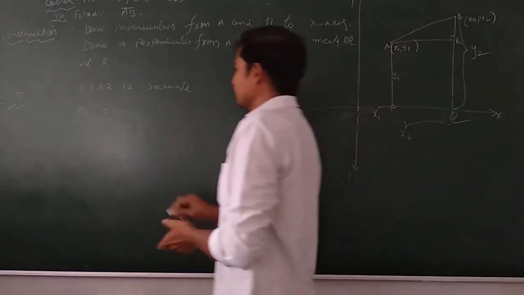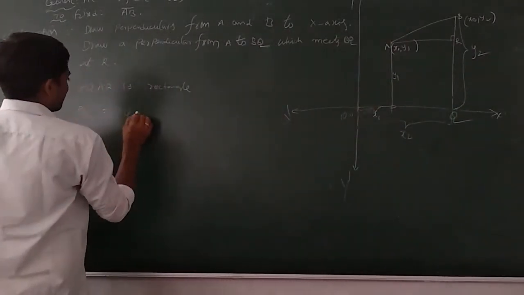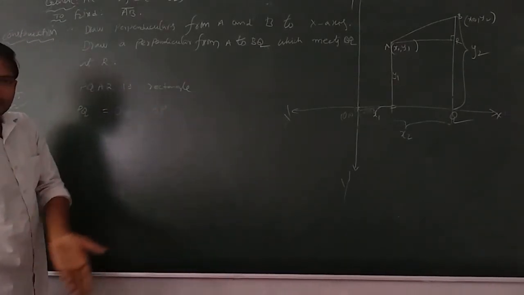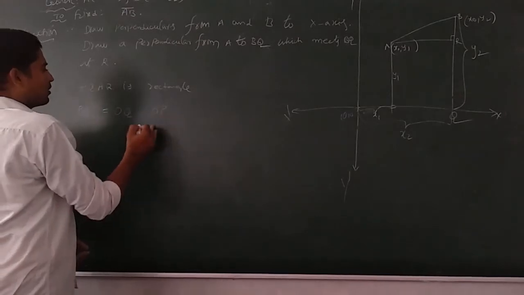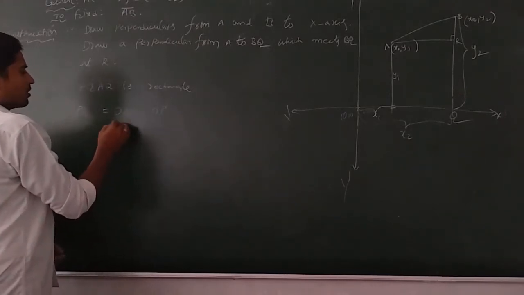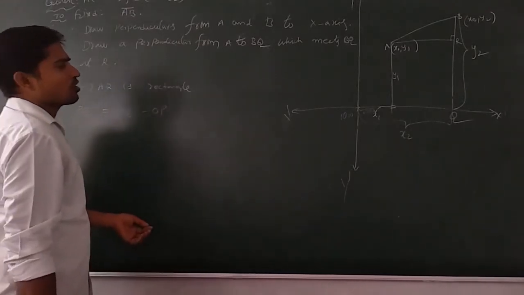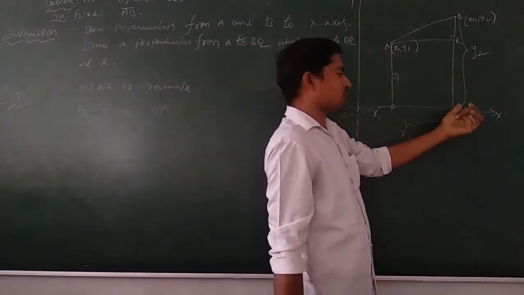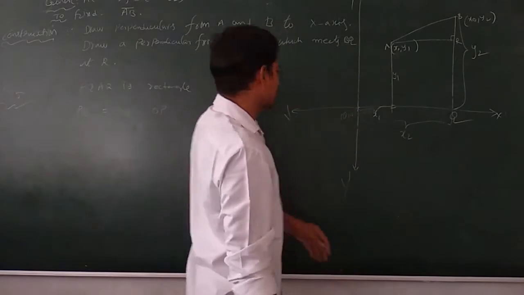Understand? Total minus OP, that is PQ. Actually, here OP is equal to x1 and OQ is equal to x2. Clear?